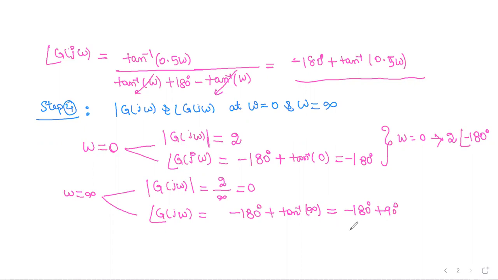The angle value is minus 90 degrees. So combining these two at omega equal to infinite, the magnitude value is 0 and the angle is minus 90 degrees. With the help of these two values, now we are going to plot the Nyquist. So see the Nyquist plot here.